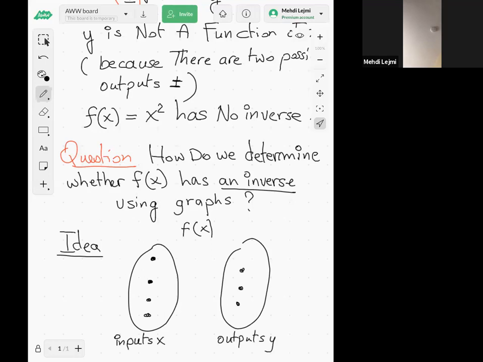Let's say this input x would go here. The next point corresponds to this one here.